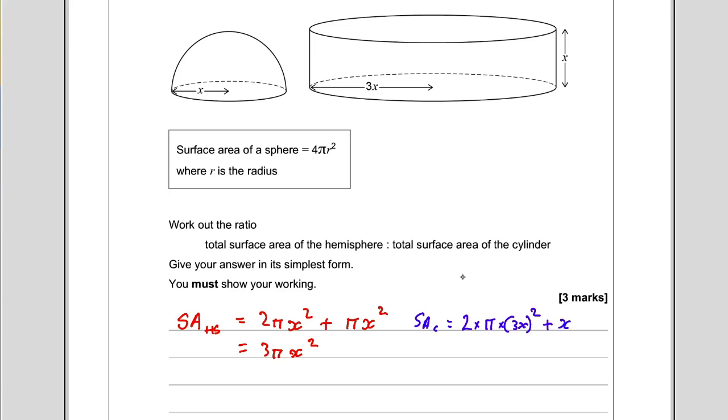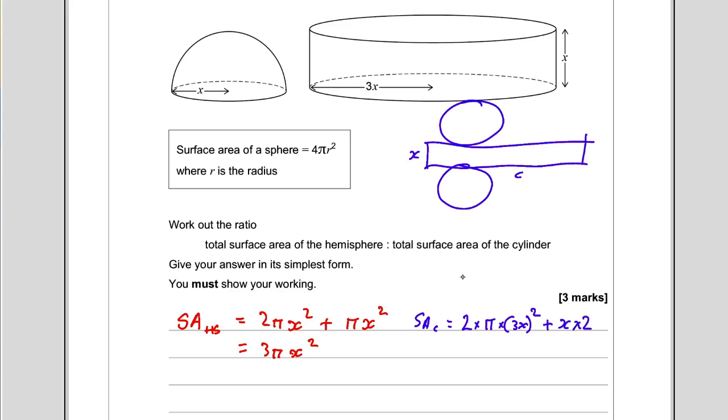So if you imagine what we'd actually have, that's where the 2 pi r squareds have come from, but now this is x, and this length here is the circumference of the circle, which is 2 pi r. This is going to be x times 2 pi r, so 2 times pi times x.